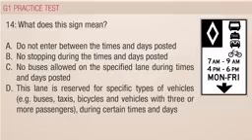D. This lane is reserved for specific types of vehicles, for example buses, taxis, bicycles and vehicles with 3 or more passengers, during certain times and days. Answer D. This is a reserved for specific types of vehicles sign.